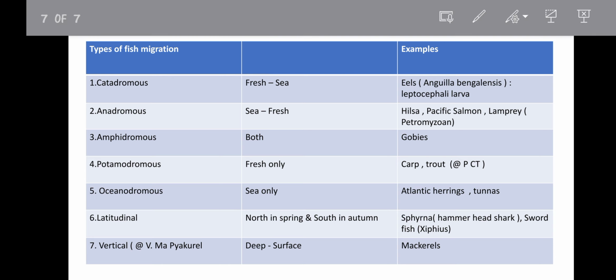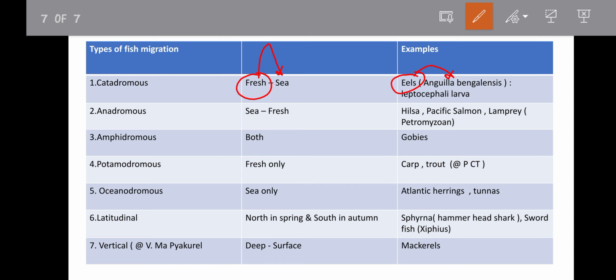In this migratory type, the fish usually stay in fresh water and migrate to the sea water during their breeding season, fresh to sea, and its famous example is the eel, Anguilla bengalensis.